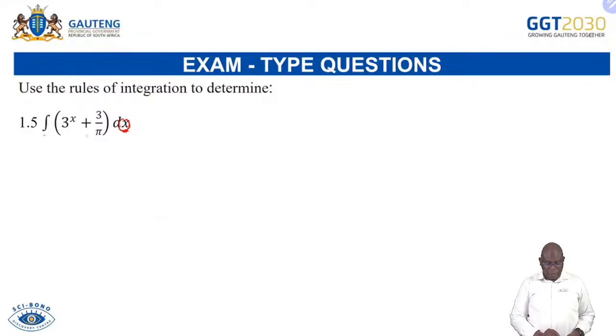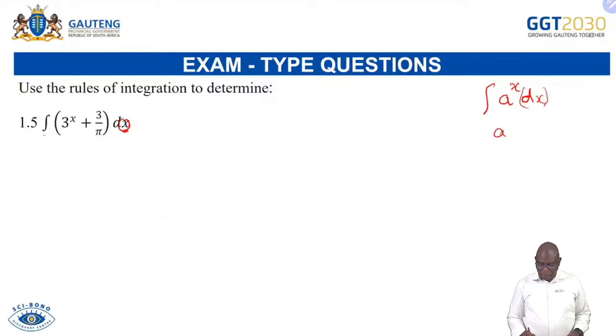What I must integrate is the x. Now remember the 3 to the power of x, we said, if I've got a to the power of x, the integral of this one will be the same as, let me write dx here, because that's very important, a to the power of x all divided by, remember it must be ln of a base, then that will be plus c.